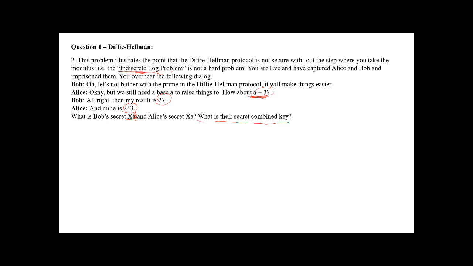So to compute Bob's private key, we do log to the base A, which is their base here, of Bob's public key. This will be equal to log to the base 3 of 27, which is equal to 3.